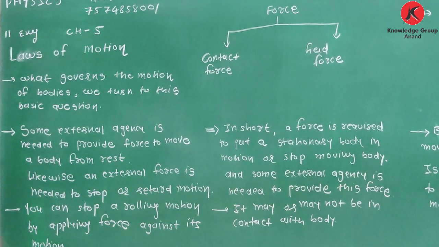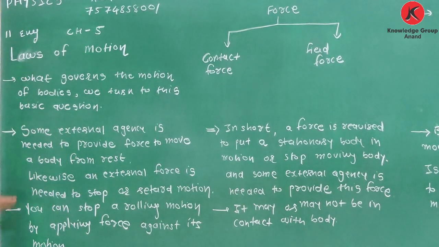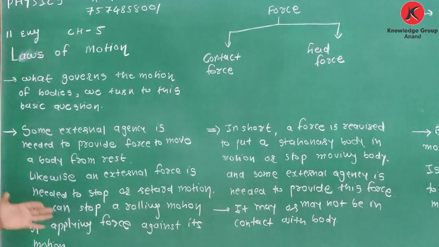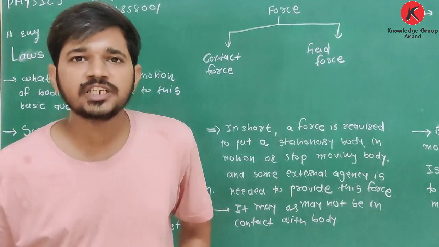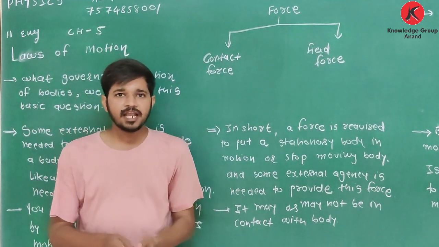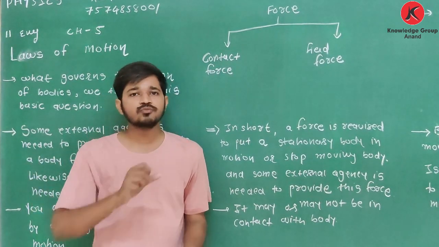See, here it is. Some external agency is needed to provide force to move a body from rest. Likewise, an external force is needed to stop or retard motion. If you have one toy car and you want to bring that toy car in motion, obviously you have to apply some force.